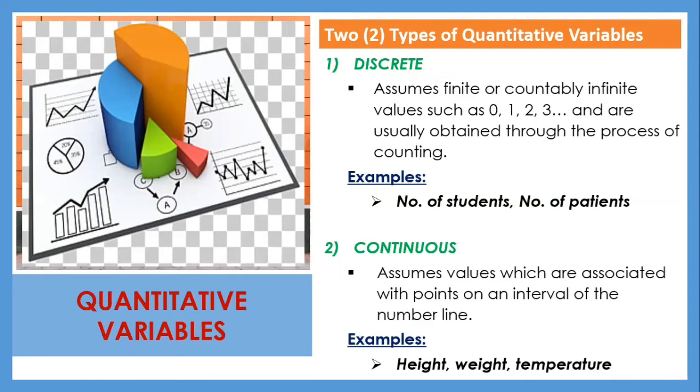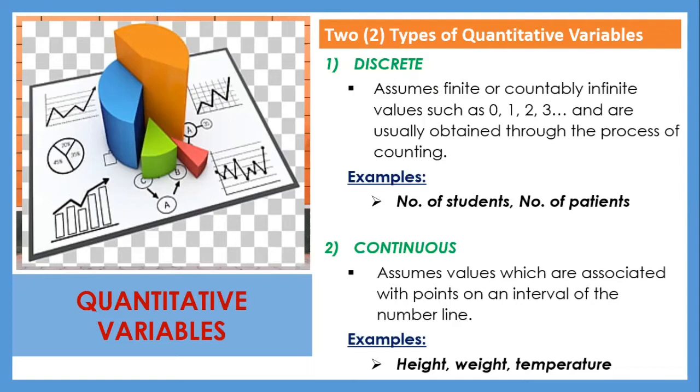So what's the difference between the two? Okay, when we say discrete quantitative variable, it assumes finite or countably infinite values such as 0, 1, 2, 3, and so on, and is usually obtained through the process of counting.